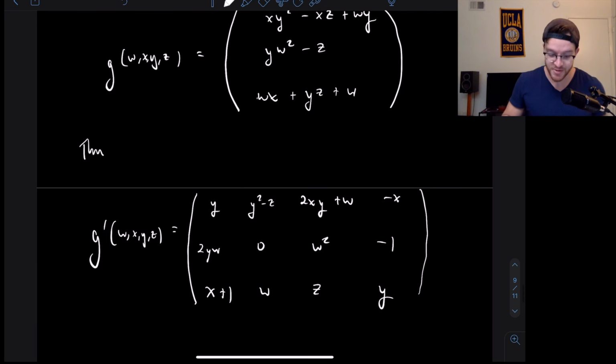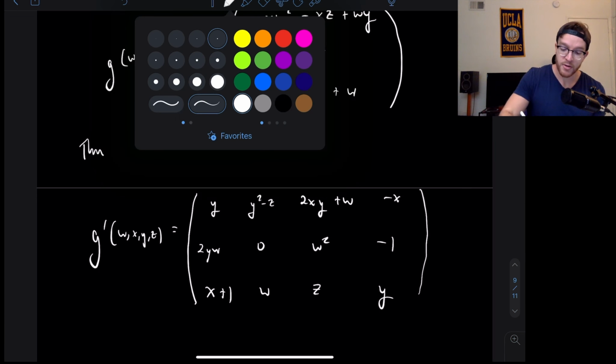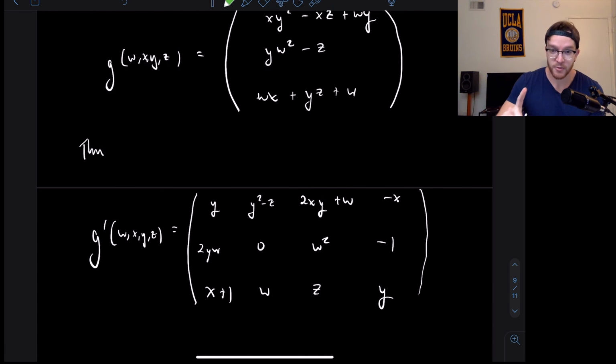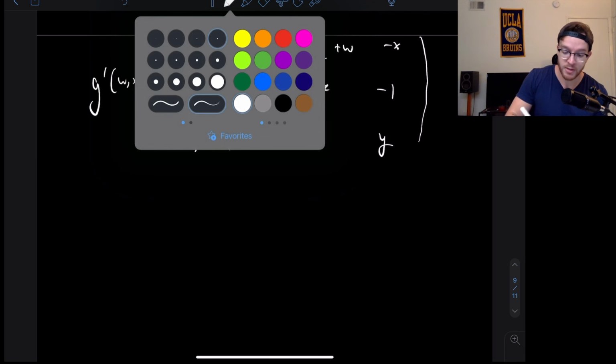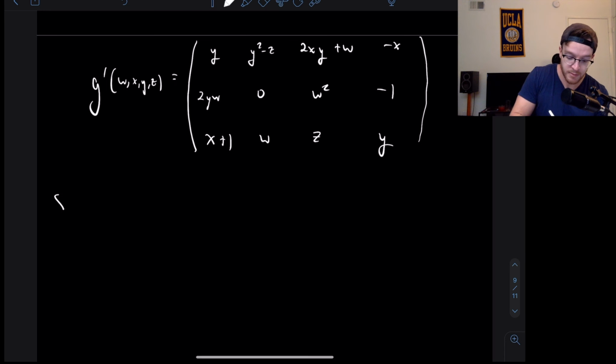Okay, so this is the Jacobian of g, the big Jacobian. In our case now, the thing that we care about being invertible, actually, sorry, let me write down the Jacobian at the point we care about.